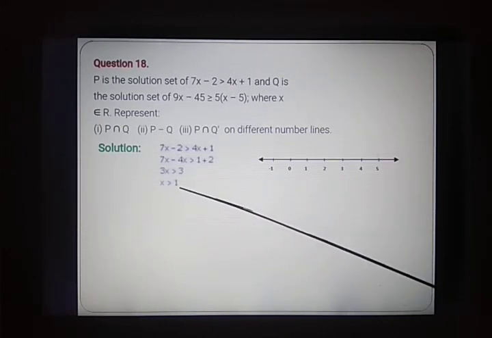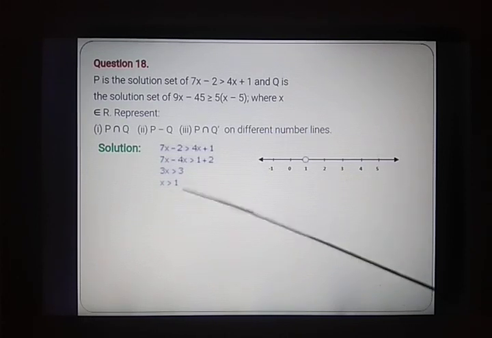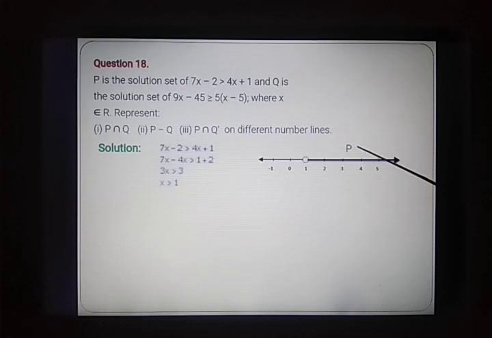Now x is greater than 1, so we have to go to 1, right? But since there is no equal to sign, that's why there will be a hollow circle. Now x is greater than 1 means we have to go this way, so that's why this way I'll get my solution. Okay, and this solution set is represented as P. That's what the question is saying.